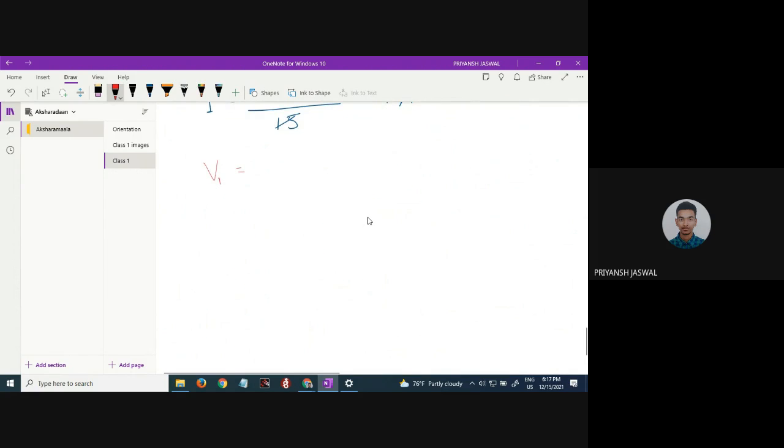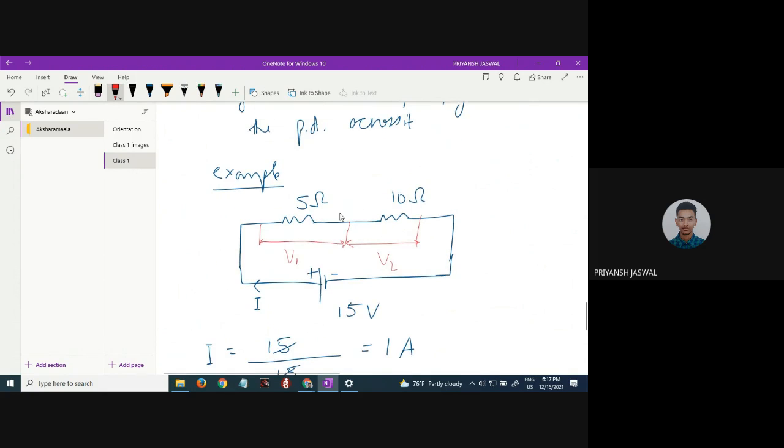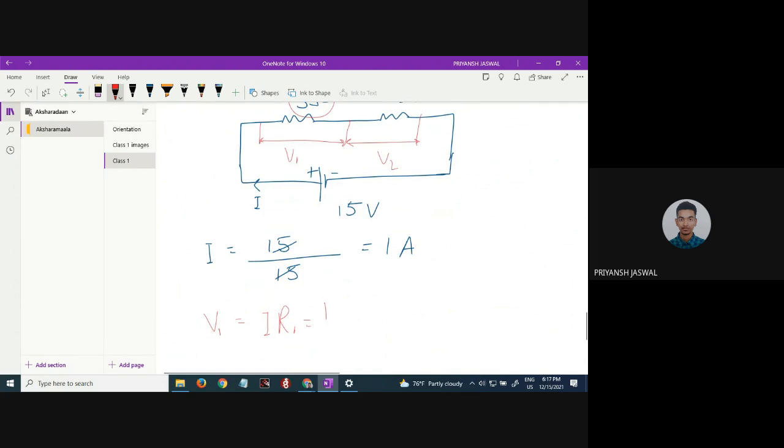Okay, so V1 will be I into R1. I we just calculated, it is 1 ampere, and this R1 is 5 ohm. So we have 1 into 5, that is 5 volt.